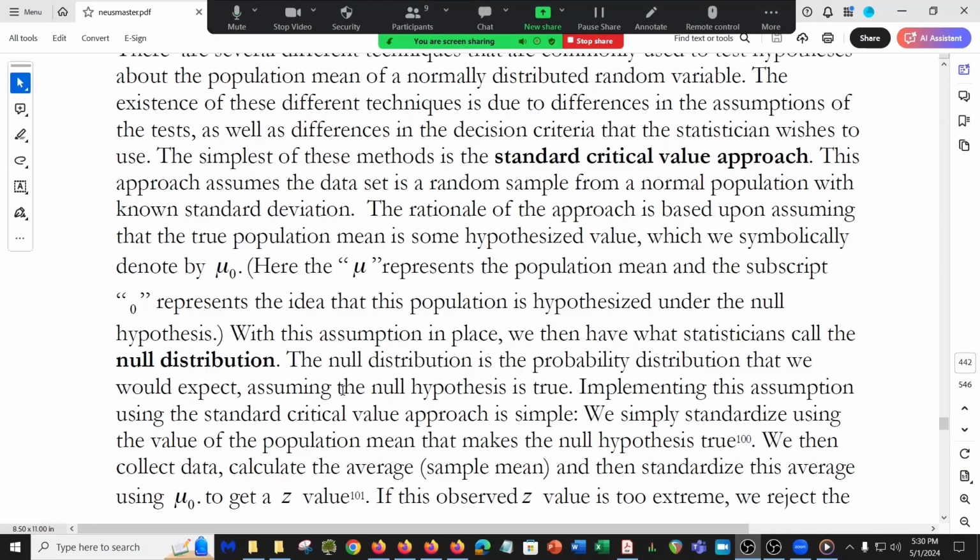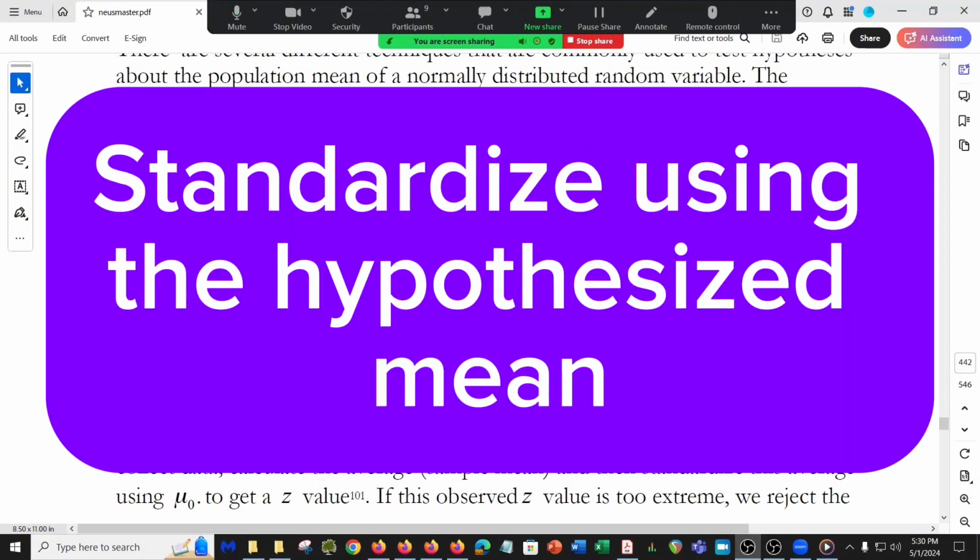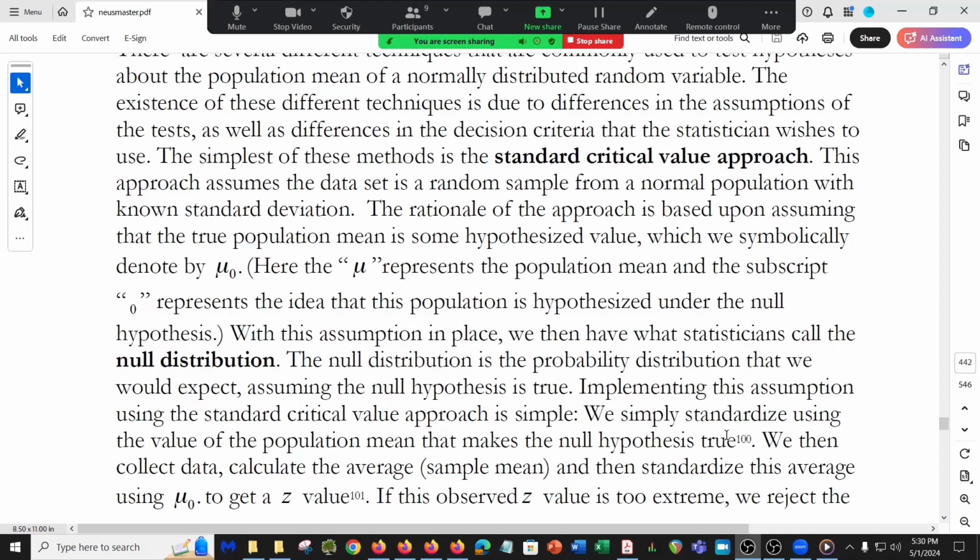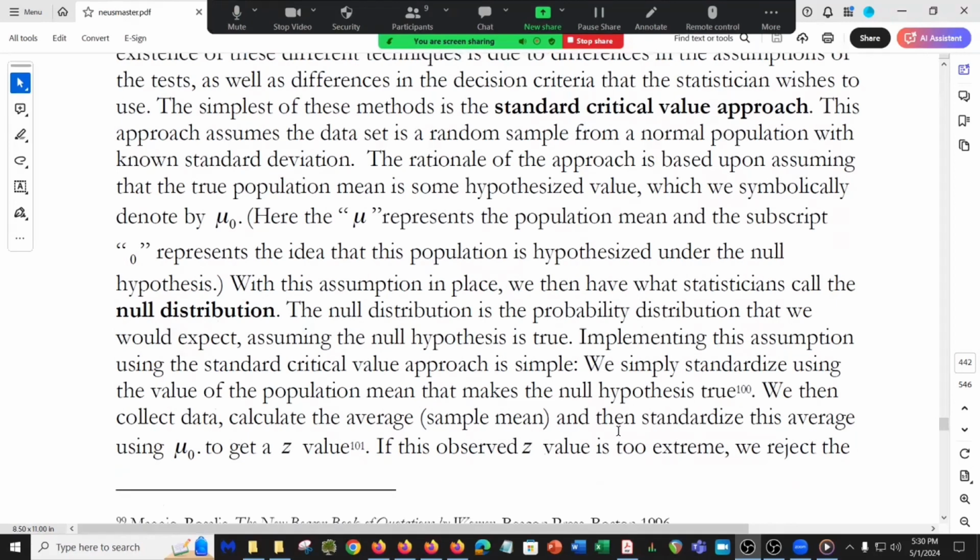Implementing this assumption using the standard critical value approach is simple. Simply standardize using the value of the population mean that makes the null hypothesis true. We then collect data. We calculate the average, which we call the sample mean, and then we standardize this average using this hypothesized mean to get a z-value.